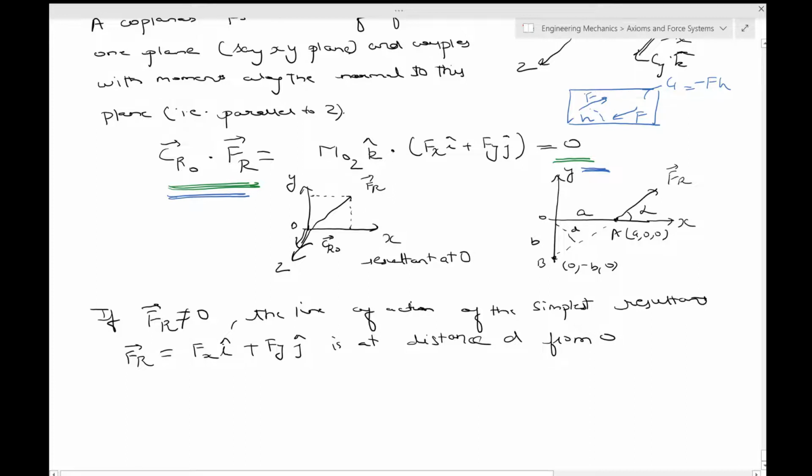So for example, just look at a Fy is equal to b Fx is equal to d Fr, okay, equal to MOZ, equal to obviously CRO dot k hat. Okay.